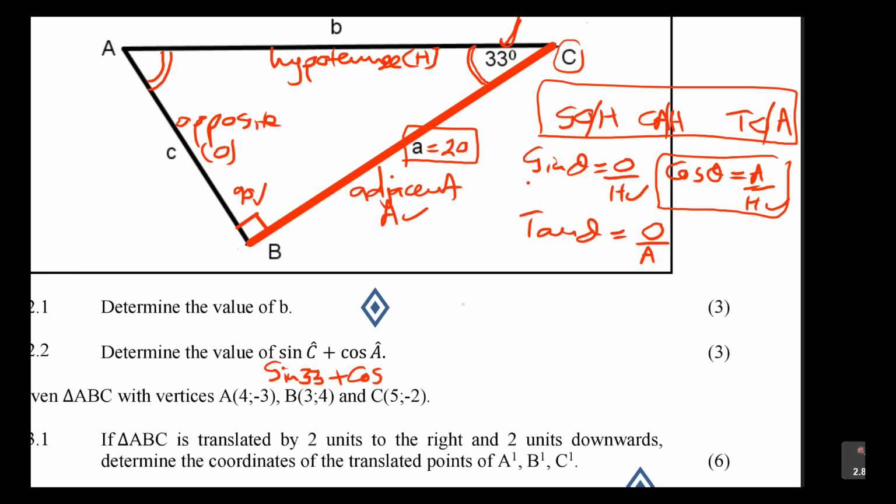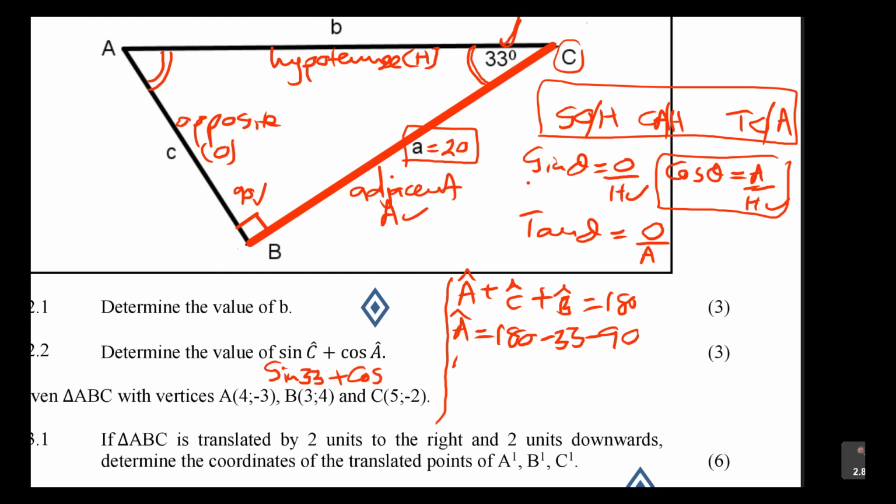It's your duty to know that the sum of angles in a triangle add up to 180. So you must say angle A plus angle C plus angle B must give 180. Which means if I want to find angle A, it is 180 minus angle C, which is 33, minus angle B, which is 90.